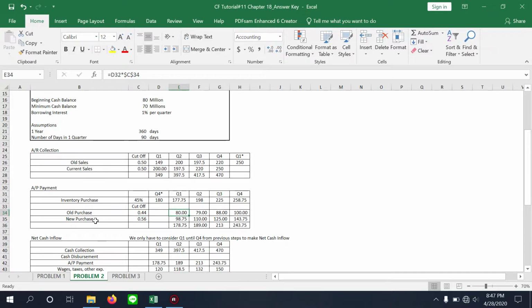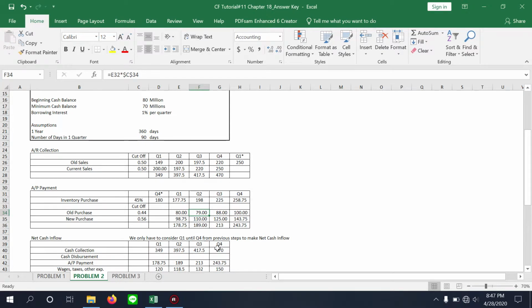Account payable period is saying that you have 40 days from when you purchase the inventory until you need to pay it. And for the new purchase, 50% of the current quarter will be paid in this quarter, and the rest of it will be paid in quarter two.